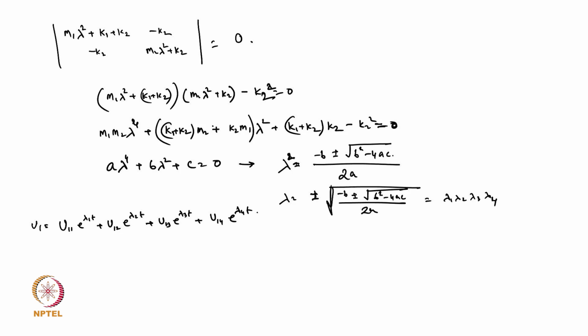Automatically, we will have that many lambdas, so the roots will be that many. Previously also the same thing used to happen. We would have something like a1 into e to the power lambda 1 t plus a2 into e to the power lambda 2 t. Here also a similar thing will happen.